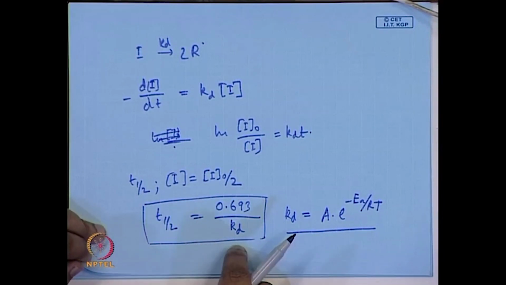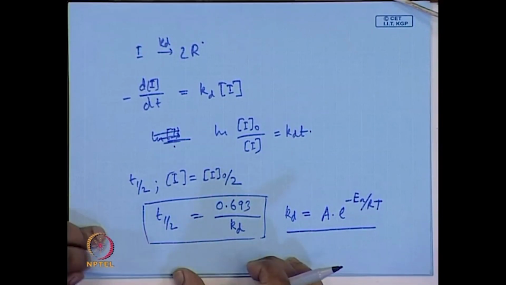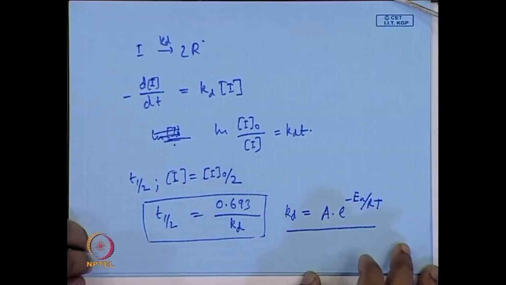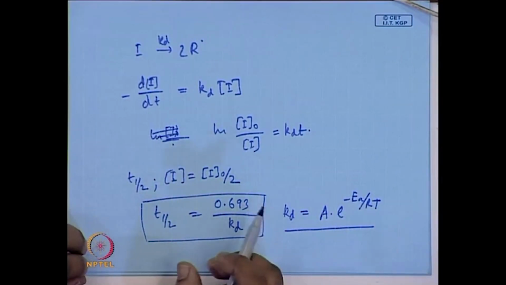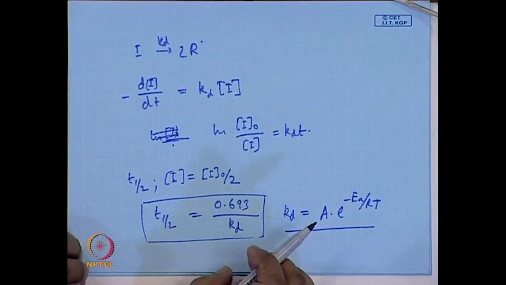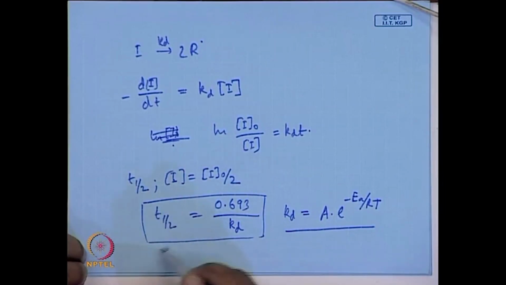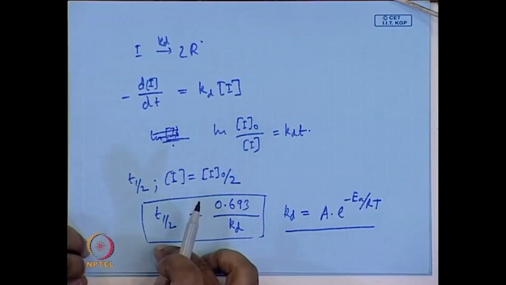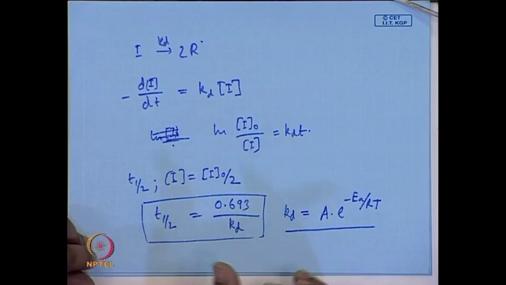Now, if you want to do a reaction, you should have prior knowledge about the initiator molecule, their t half value, or the time it takes to become half, then you can choose your reaction temperature. Or if you want to do your reaction at some particular temperature or a range of temperature, then you can choose the proper initiator for your reaction.